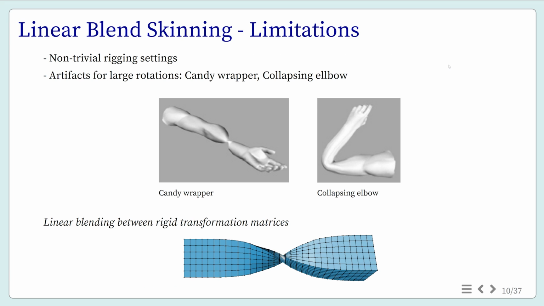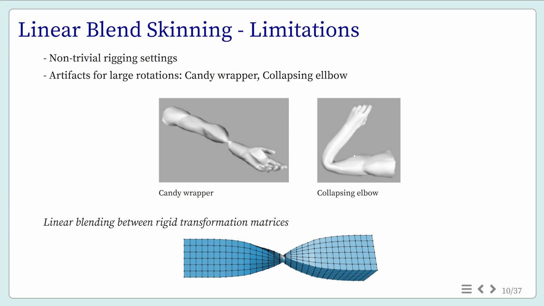Also, linear blend skinning is associated with well-known limitations. We already discussed the fact that setting the skinning weights may not be so easy. And also, linear blend skinning is associated with geometrical artifacts when we use large rotations. Two of them are named. The first one is the candy wrapper effect. If we twist a limb by 180 degrees, then the geometry of the shape is going to converge toward a single point. And this gives this kind of candy paper shape.